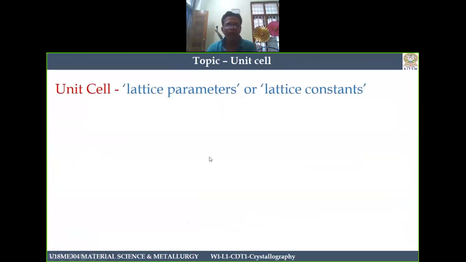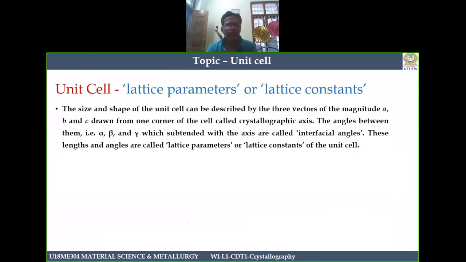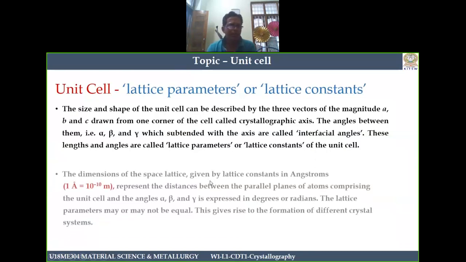Now, what are the lattice parameters or lattice constants? The size and shape of a unit cell can be described by the three vectors of magnitude A, B, C drawn from one corner of the cell, called crystallographic axes. The angles between them, alpha, beta, gamma, are called interfacial angles or crystallographic angles. These lengths and angles are called the lattice parameters, also called the lattice constants of the unit cell.